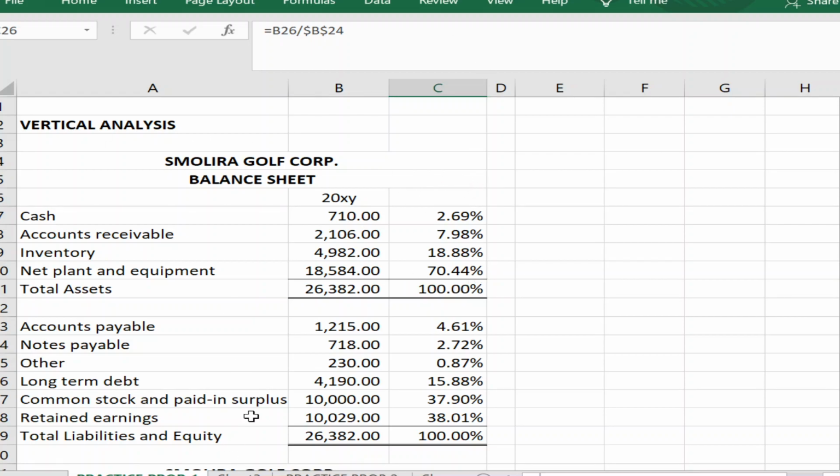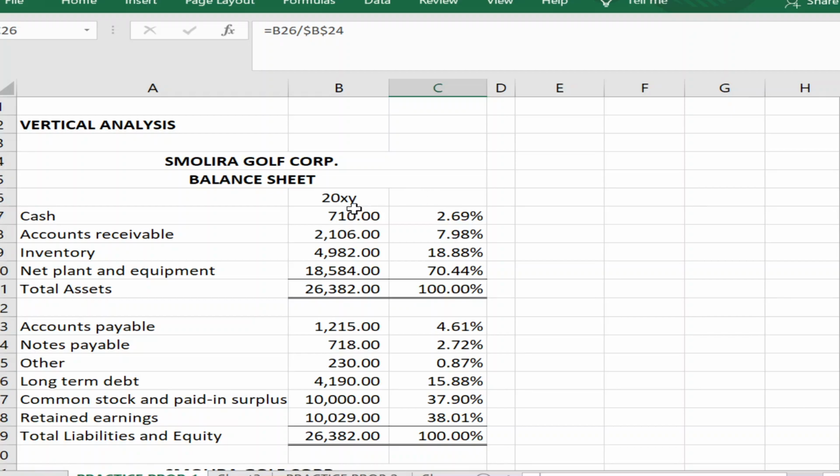Okay, so after we have computed these ratios, we can now start to investigate the amounts and the ratios here. And if we have complete information about the company, then we can find out the causes of these ratios. That is why we need to prepare these types of analysis, because it will help us easily identify differences and unusual changes in the ratios that will be computed.